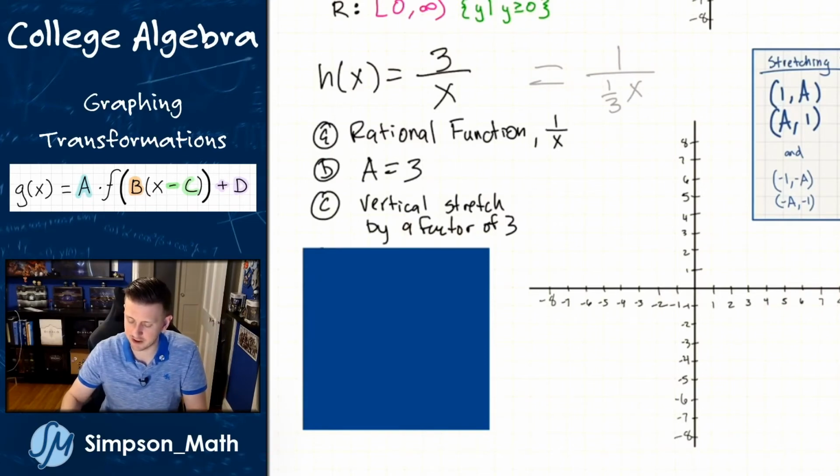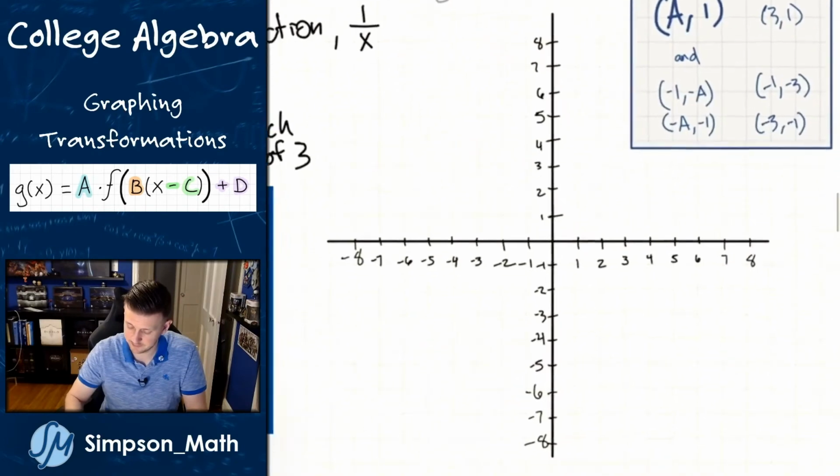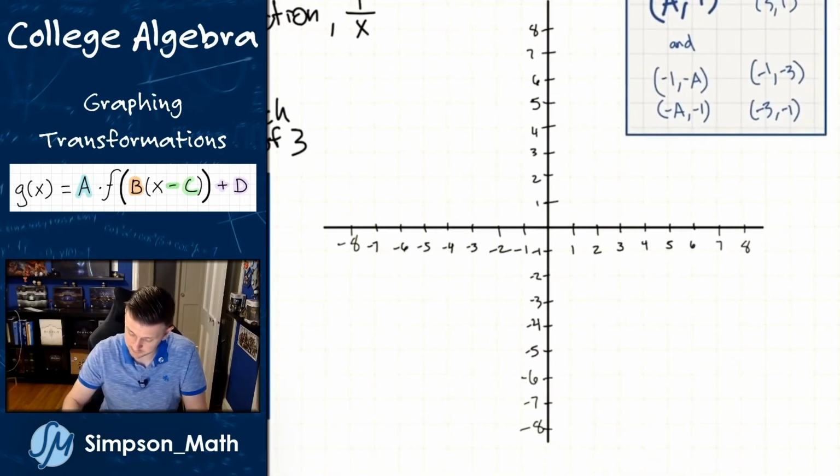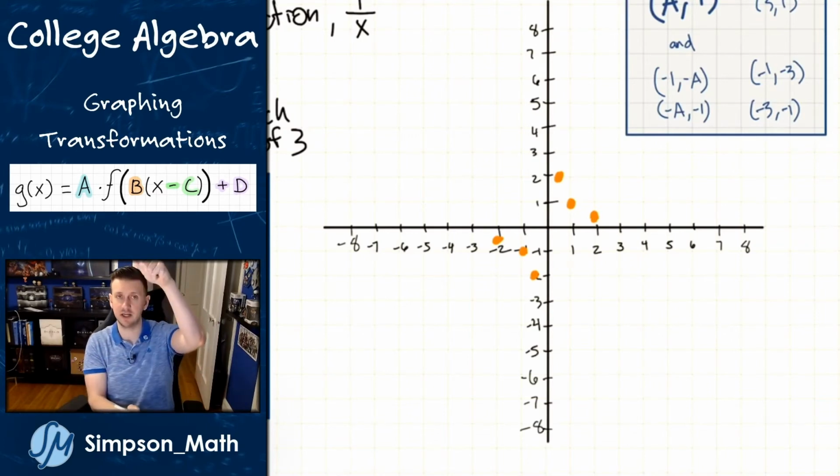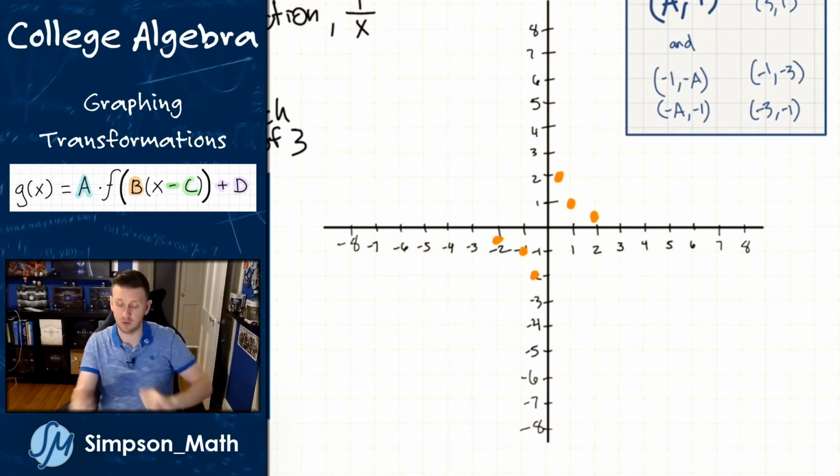Okay, let's graph our parent function. So half 2, 1, 1, 2 half, and then the negative counterparts. All right, so there's our parent function. I'm going to go ahead and graph our asymptotes because if I stretch things vertically, the asymptotes are not going to change.